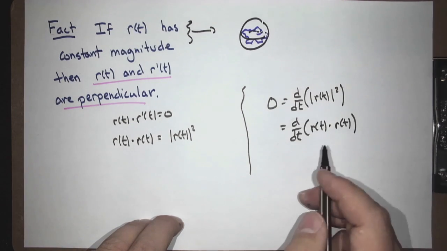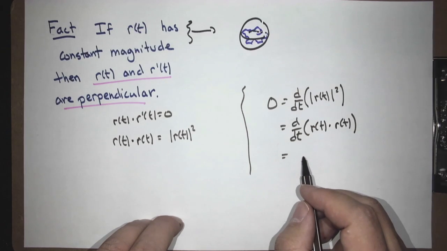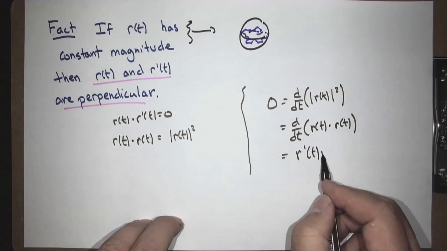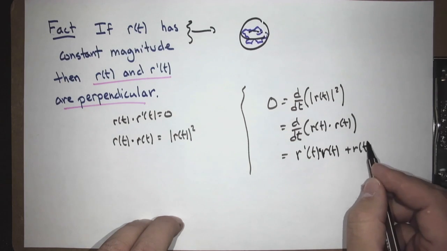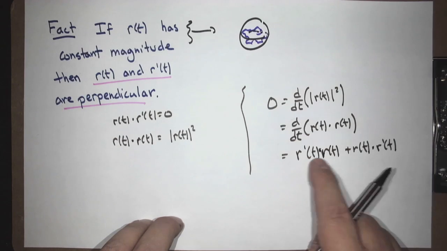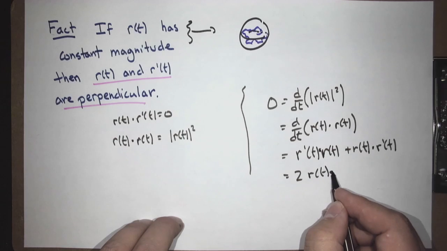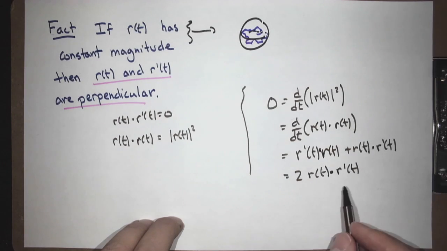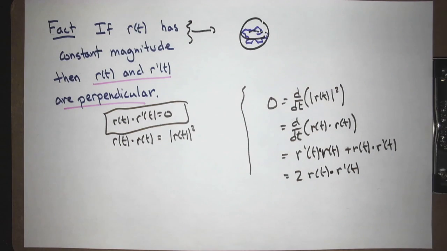What can we do to take this derivative? Product rule: derivative of the first dot the second plus the first dot the derivative of the second. It doesn't matter which order you take the dot product, so this is 2 r of t dot r prime of t. What's our conclusion? It equals 0, so they are indeed perpendicular.